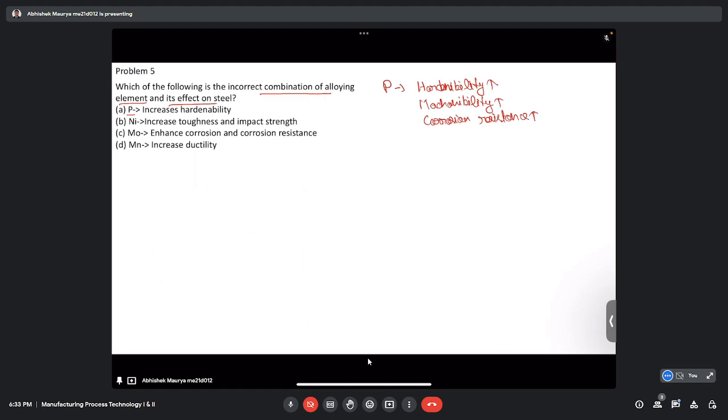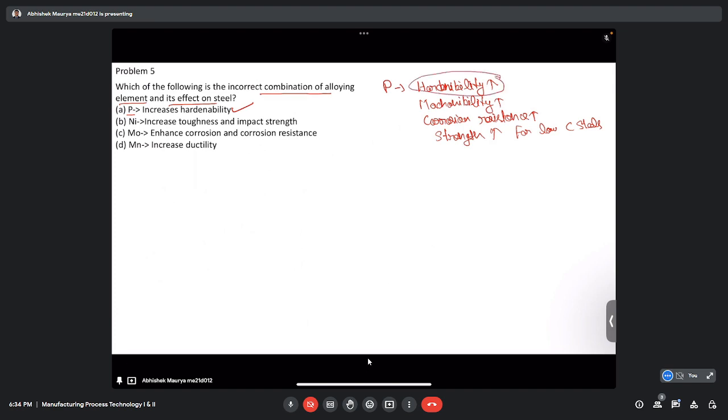And it increases the strength, for low carbon steels. So yes, the first one, it increases the hardenability. Yes, it is correct.